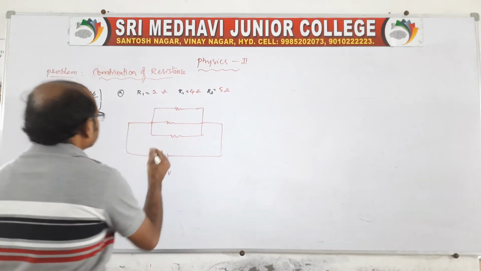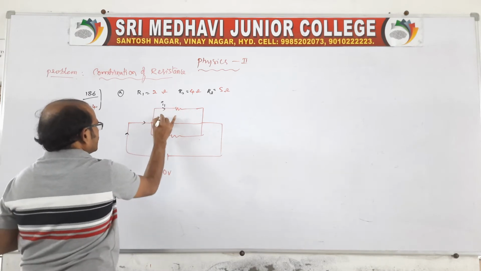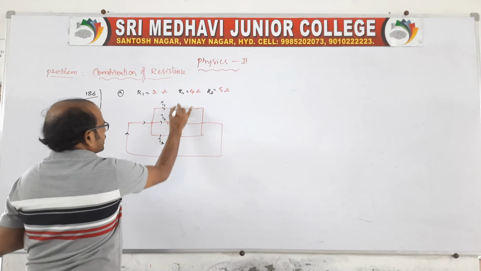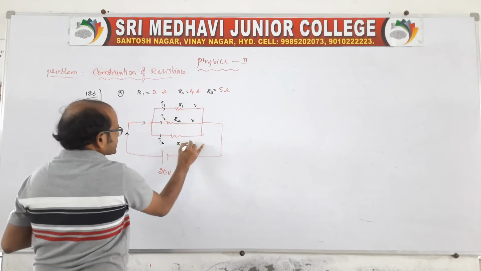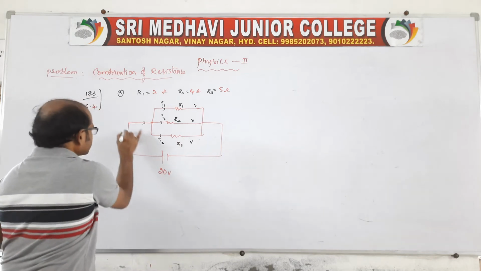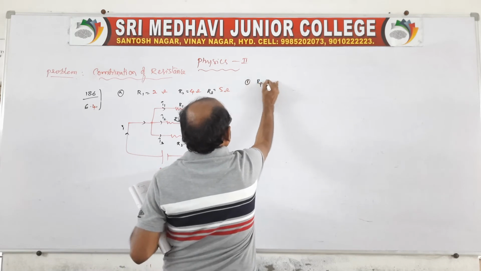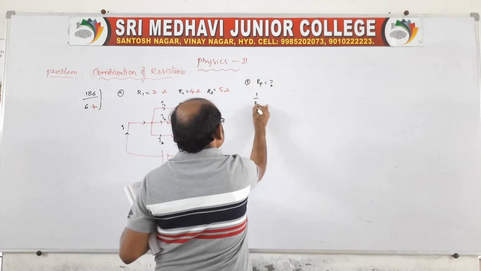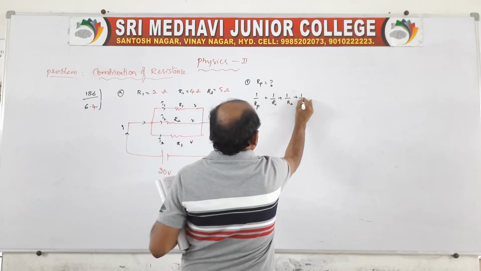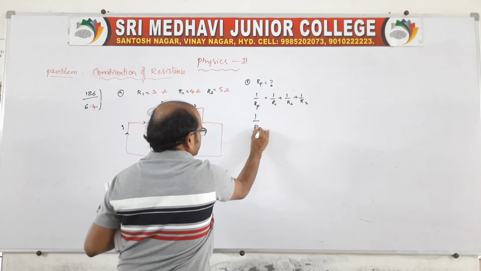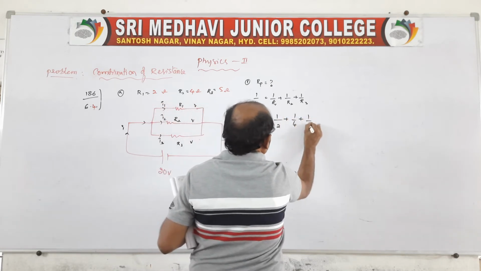For a parallel combination, the current enters and is divided as I1, I2, I3, with resistances R1, R2, R3. The potential differences are the same. So first get the effective resistance Rp. 1 by Rp is equal to 1 by R1 plus 1 by R2 plus 1 by R3. So 1 by Rp is equal to 1 by 2, 1 by 4, 1 by 5.